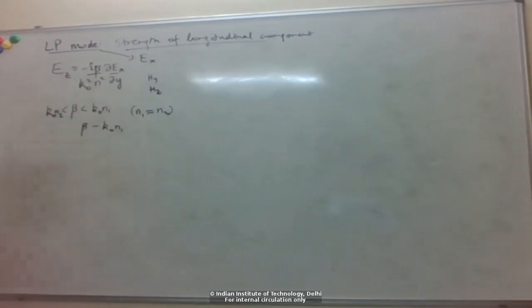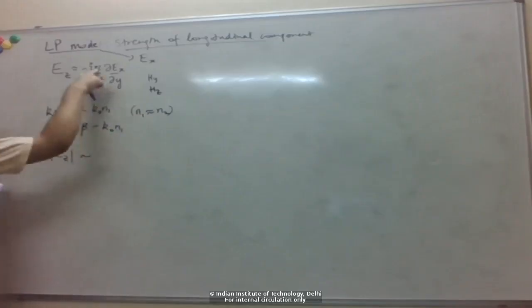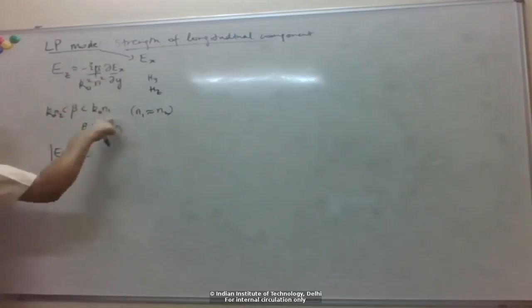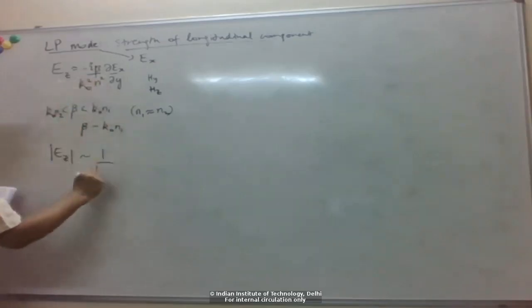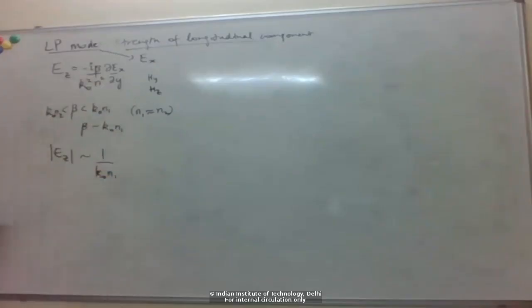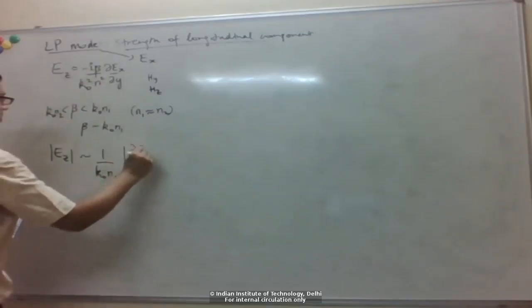The percentage change in beta from k0 n2 to k0 n1 is much less than 1%. So basically the magnitude of beta is something like k0 n1. Here we have k0 n squared, so we are left with k0 n and the magnitude of this derivative.